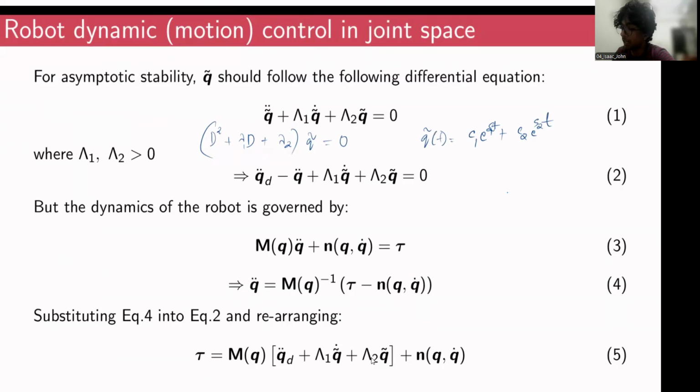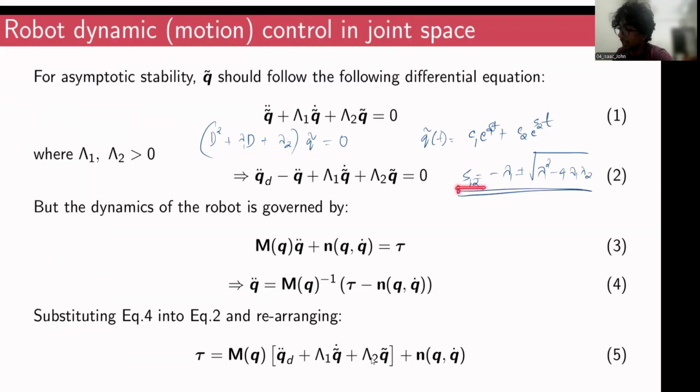This is the general form any ordinary differential equation would look like. And what are these s1 and s2? They are the roots, where s1 would be minus lambda 1 plus or minus root of lambda 1 square minus 4 lambda 2. This would be your s1 and s2.